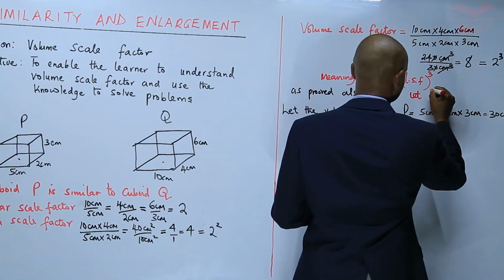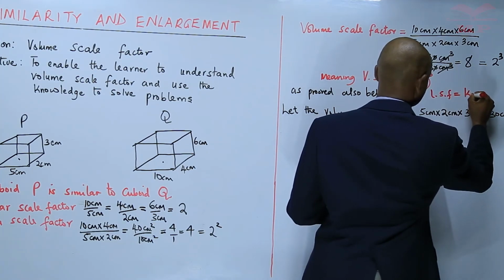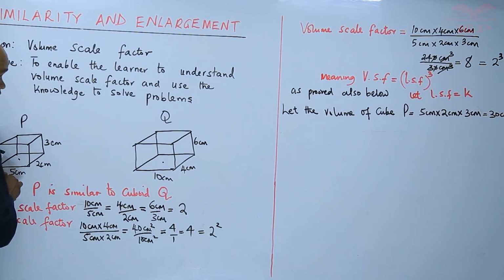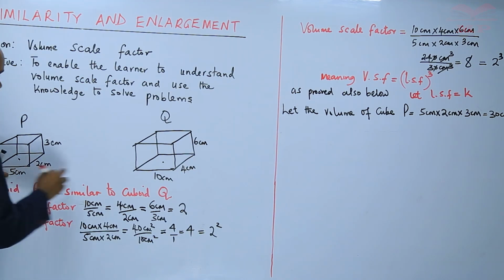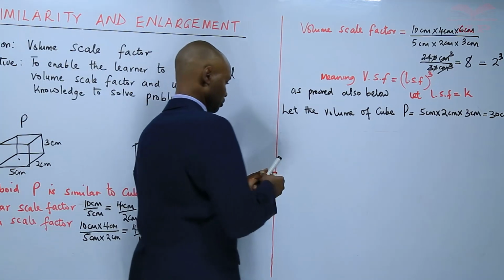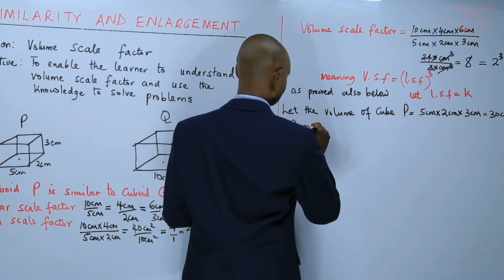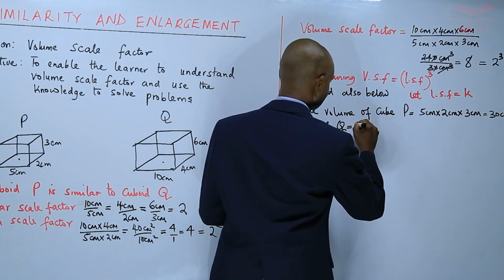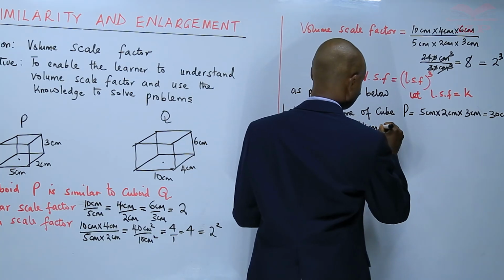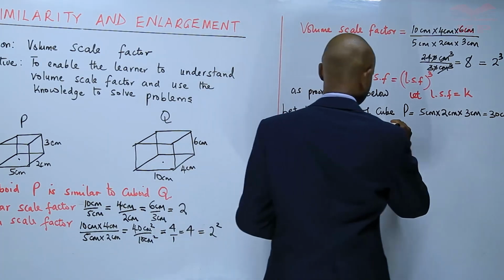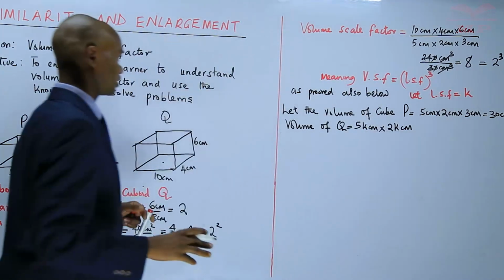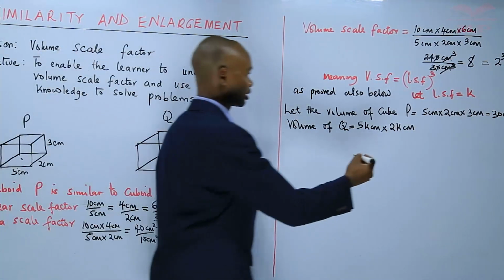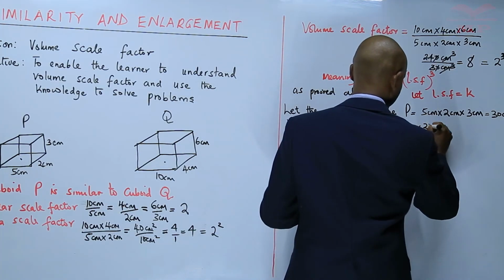Let the linear scale factor be K. To get the dimensions of the bigger one, I take each dimension and multiply by K. So the volume of Q is 5K centimeters times 2K centimeters times 3K centimeters.